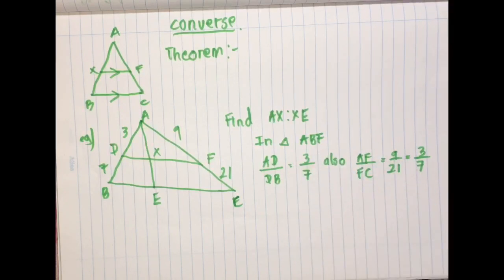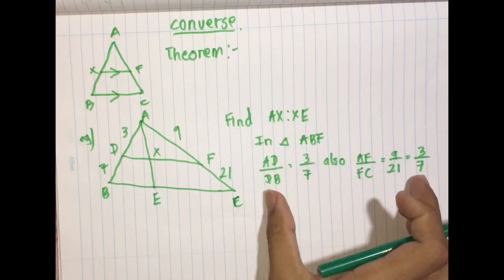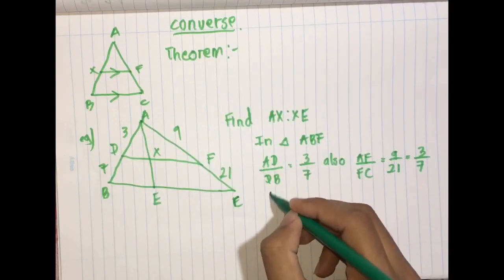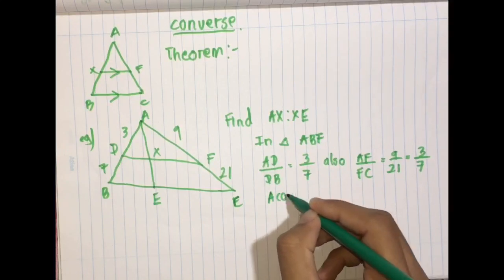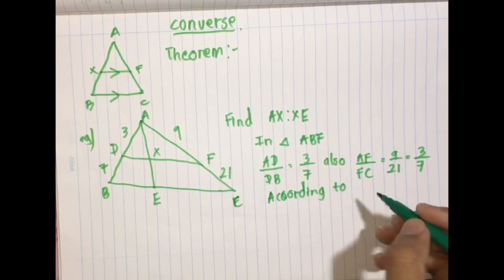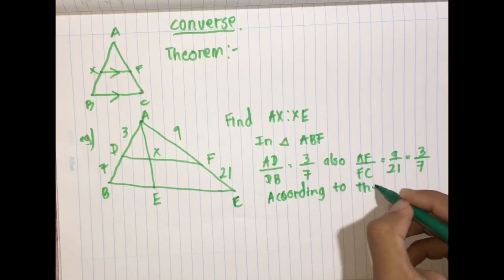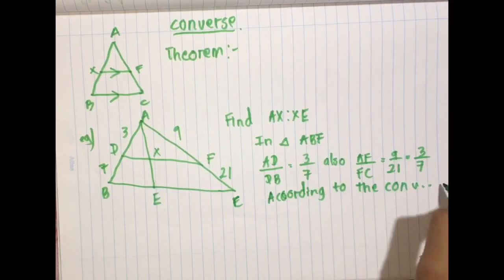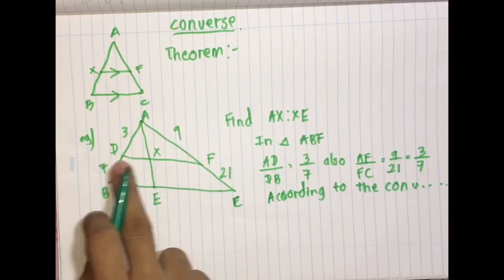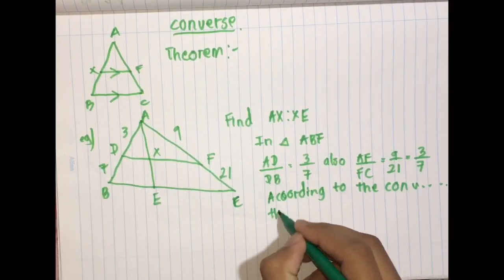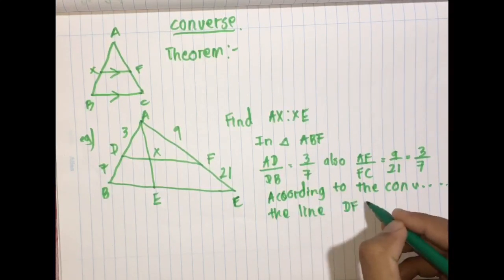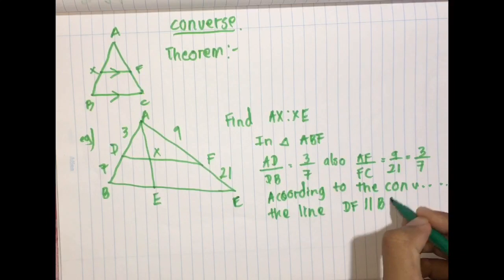Since those two proportions are the same, now we can use the converse of the theorem. According to the converse of the theorem, if these two are in the same ratio, the line DF is parallel to BC.